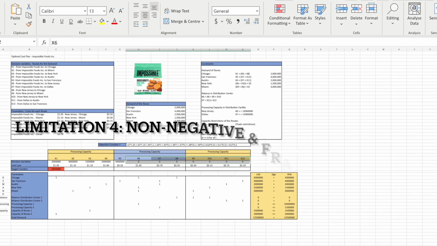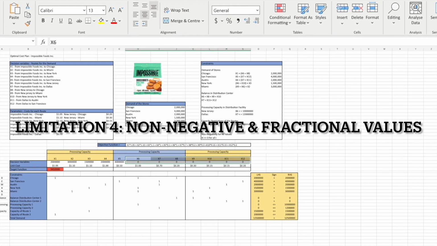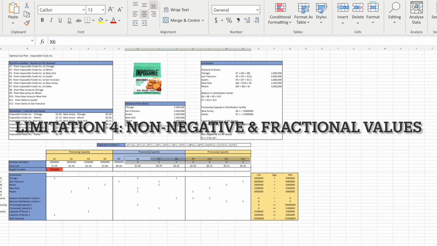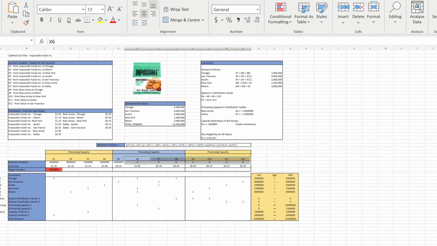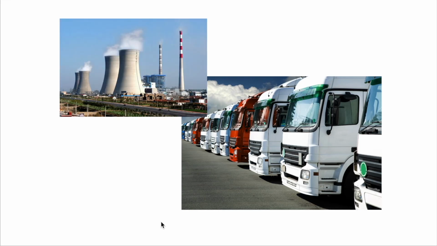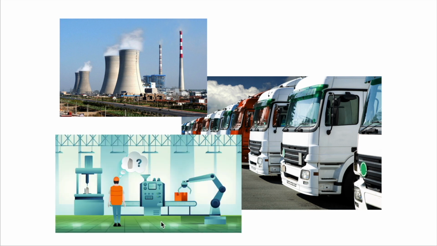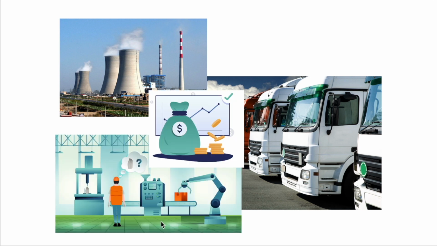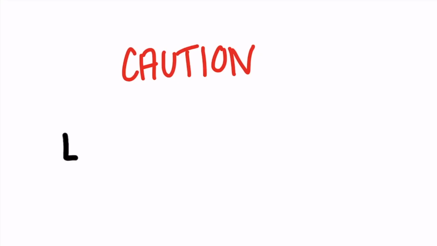Finally, decision variables in linear programming can accept non-negative integer as well as fractional values. However, we frequently encounter scenarios in which planning models include integer-valued variables. Trucks in a fleet, generators at a power plant, pieces of equipment, and investments are only a few examples. Rounding off the solution to the nearest integer will not yield an optimal solution. In such cases, linear programming techniques cannot be used.